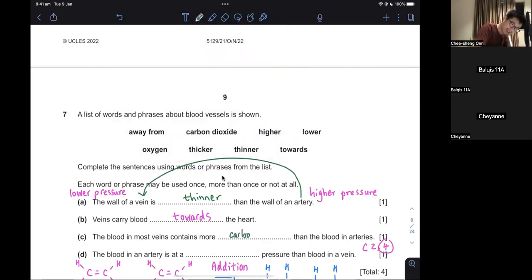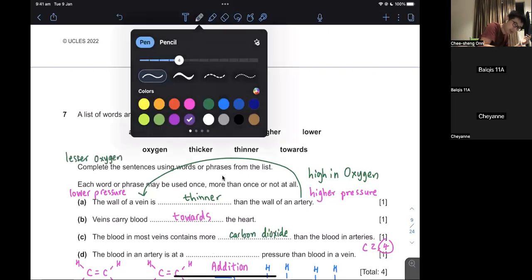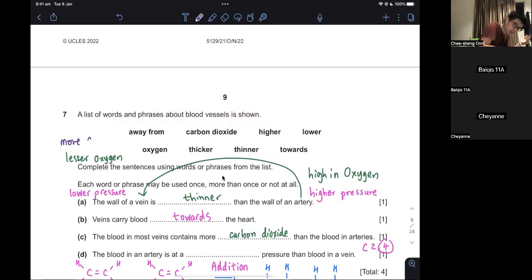This one I know. Because if your blood goes from the artery, then it will be high in oxygen. That is how you pump all the oxygen to the rest of the body. And then when it passes through the rest of the body, it's going to have less oxygen, and it's going to carry more carbon dioxide. So this one will have more CO2, this one will have less CO2.